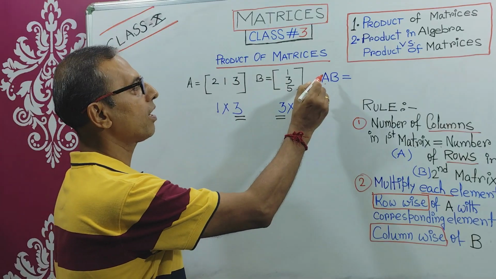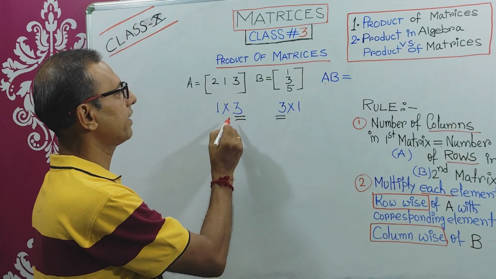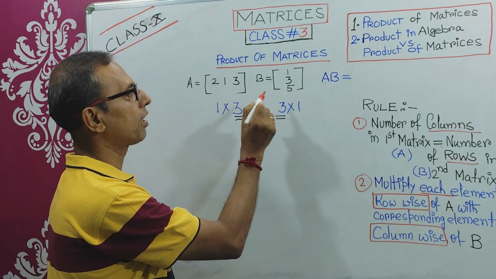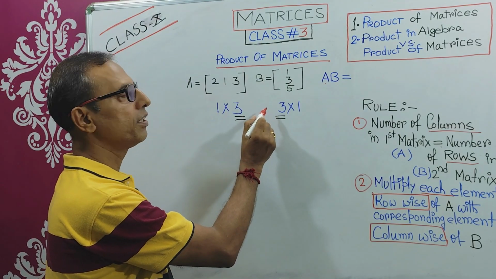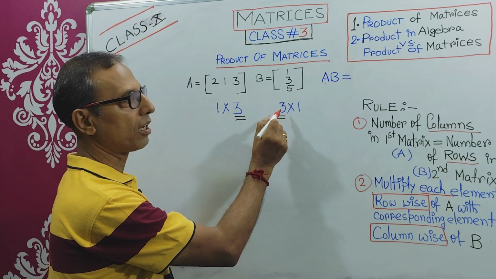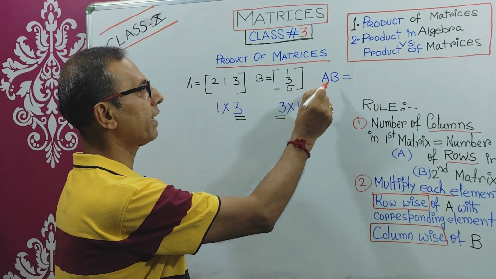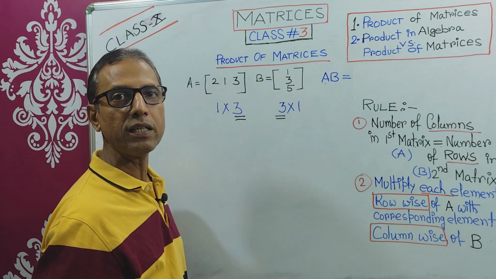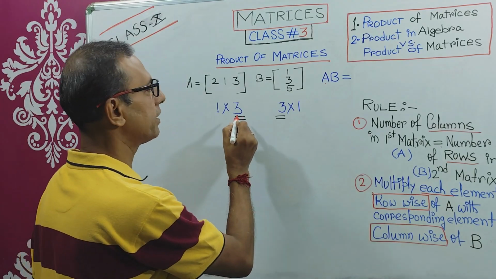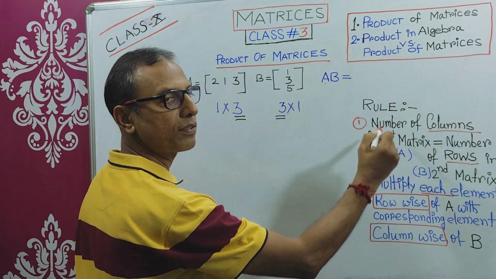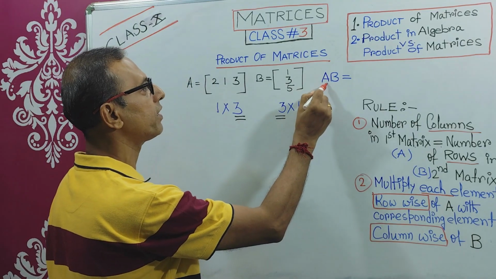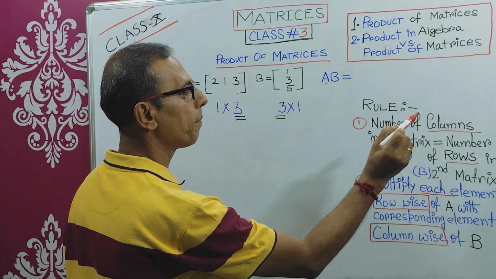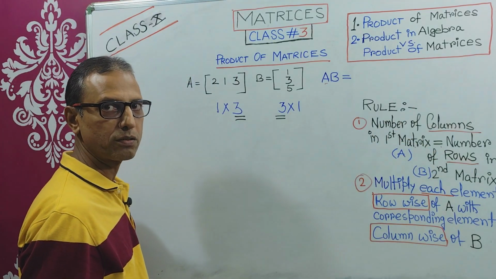Now if it is asked to find AB, the number of columns in A must be equal to the number of rows in B. If it is BA, the number of columns in B should be equal to the number of rows in A, right? Number of columns in the first matrix should be equal to the number of rows in the second matrix. This is the must condition for matrix product, right?